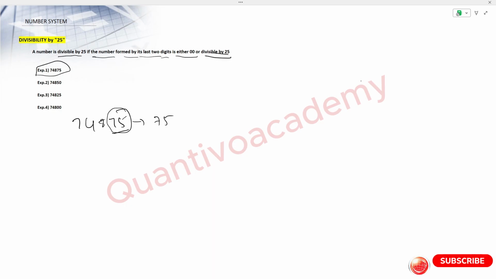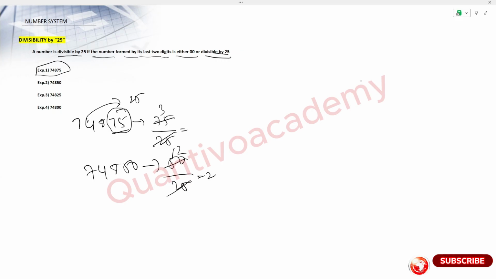We know that 75 is perfectly divisible by 25, as 25 ones are 25, 25 threes are 75. Then we can say this number is perfectly divisible by 25. Next question we have 74850. 50 is divisible by 25, as 25 twos are 50.